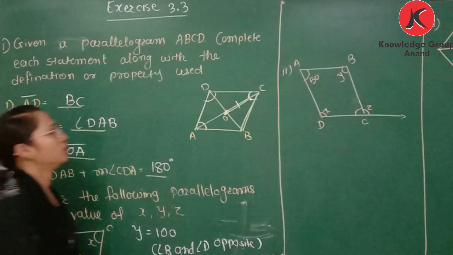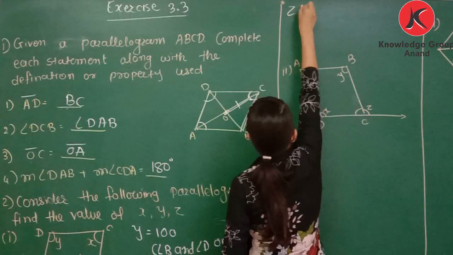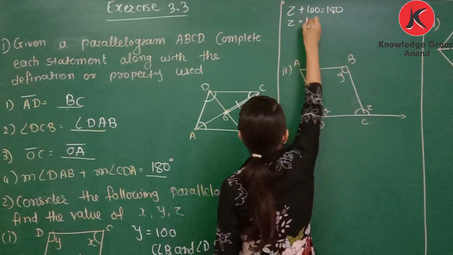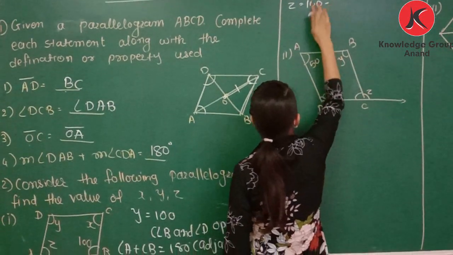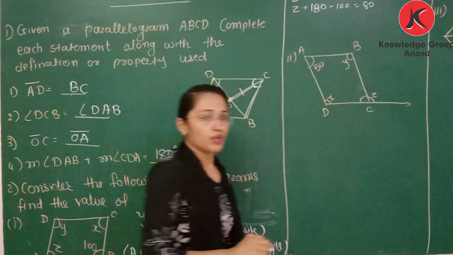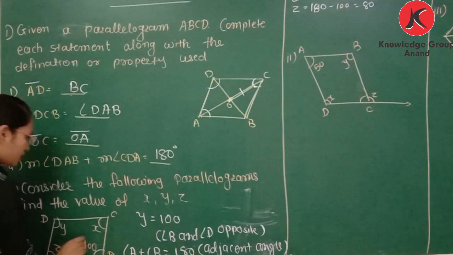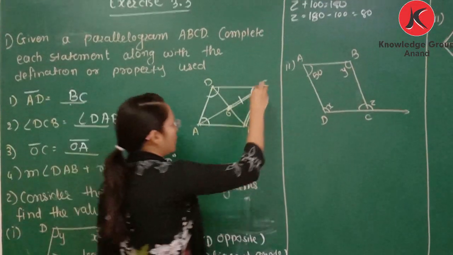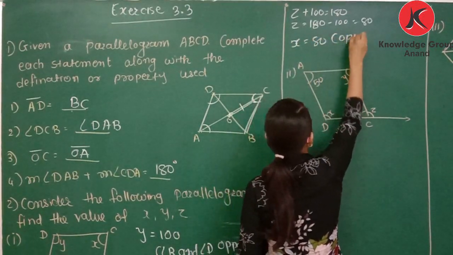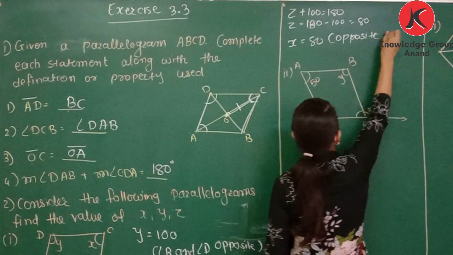So Z plus 100 is equal to 180. So Z is equal to 180 minus 100, that is 80. Clear? Now if Z is 80, then what will be X? It is also 80. Opposite angle.